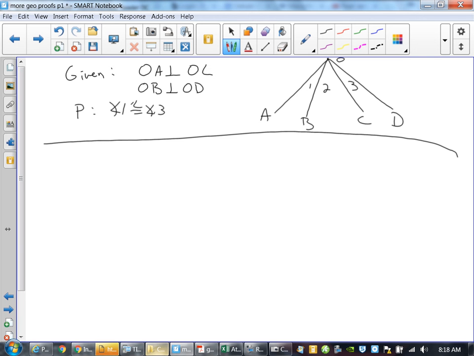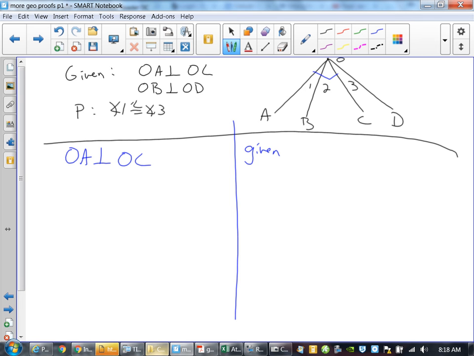We have OA is perpendicular to OC. There's our given. So that means that we have a right angle there. What is the angle that is formed with that?